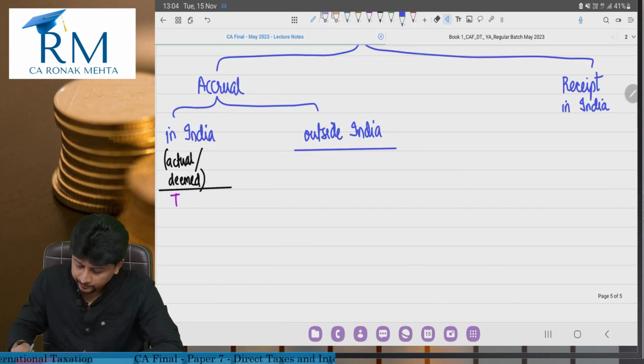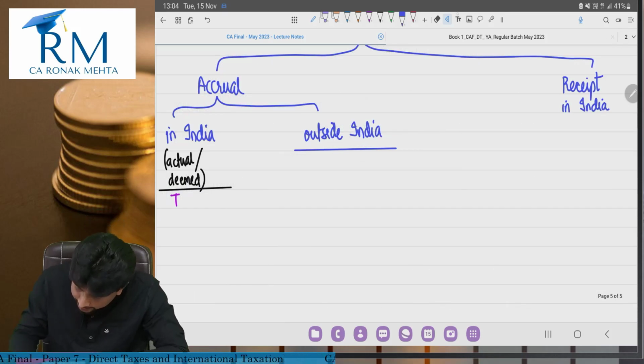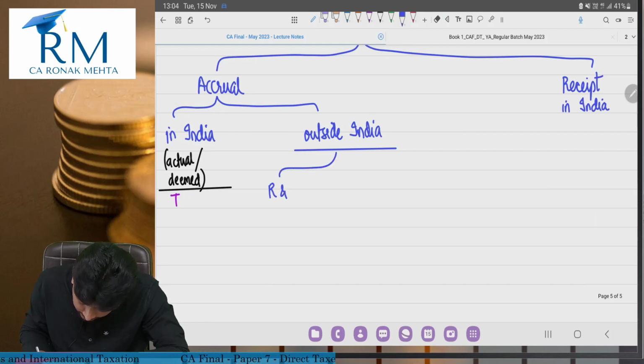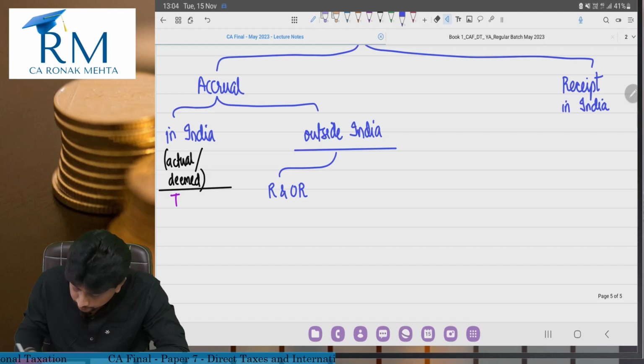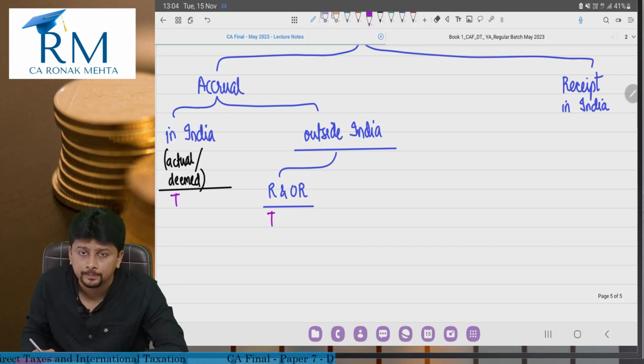So if the income is accrued outside India and I am a resident and ordinarily resident, then there is no problem. If I am a resident and ordinarily resident, it is taxable for me.